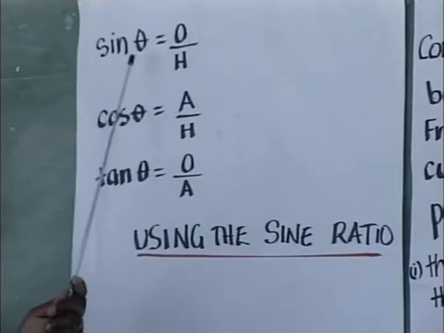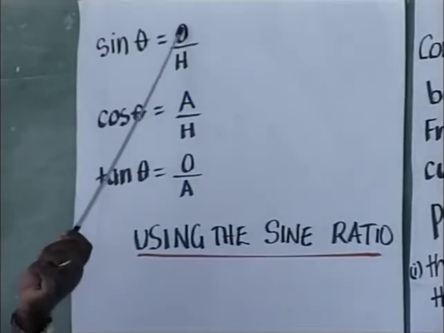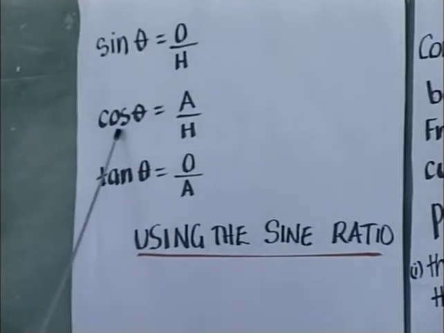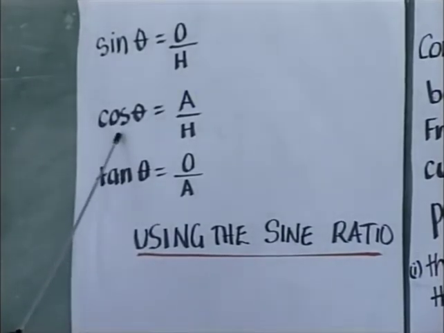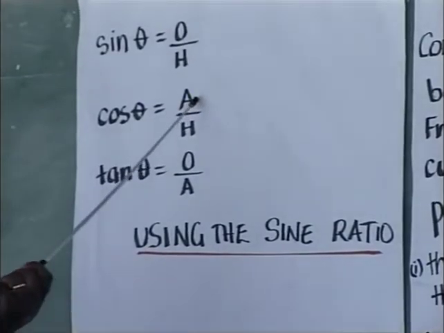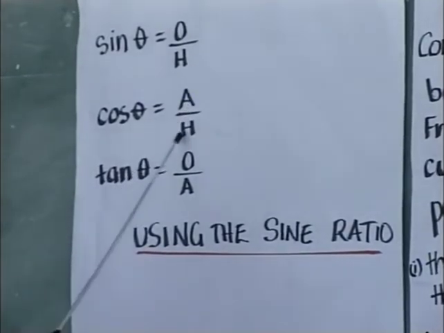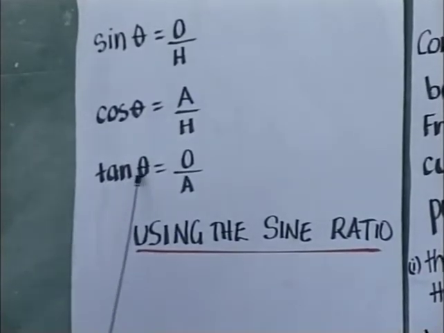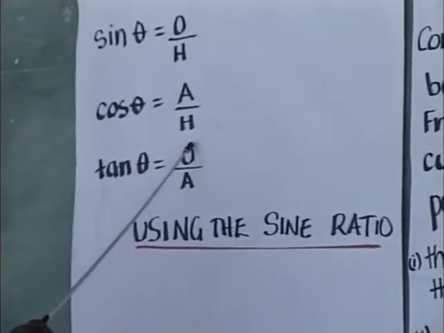So sine of angle theta is equal to the opposite side over the hypotenuse. Cos, which is for cosine, cos of angle theta is equal to the side which is adjacent to the angle over the hypotenuse. And tangent, tan of angle theta is equal to the opposite side over the adjacent side.